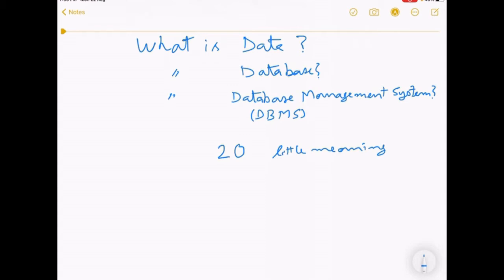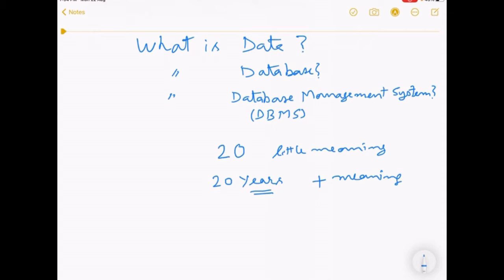Now if I add here 20 years, now I have added this word years, now it has somewhat more meaning. It is referring now to 20 years, a duration. Somebody can guess it can be age, but we cannot be confident.